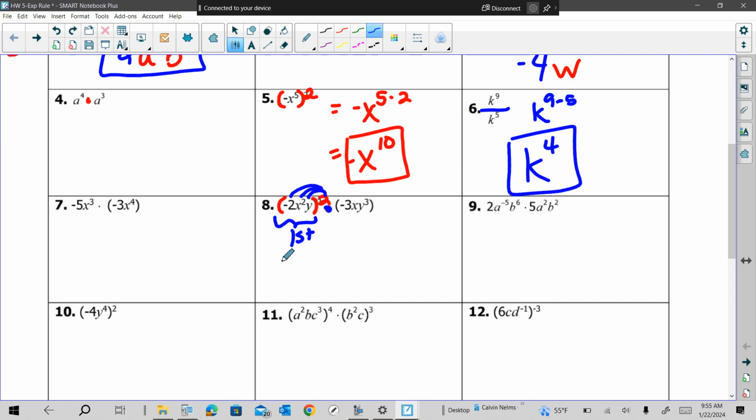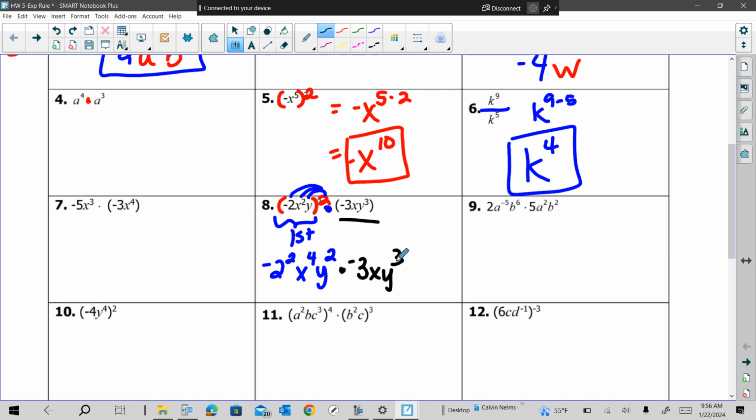So this would be rewritten as negative 2 to the second power, x now to the fourth power, y to the second power. That is going to get multiplied to the next monomial, which is a negative 3xy cubed.